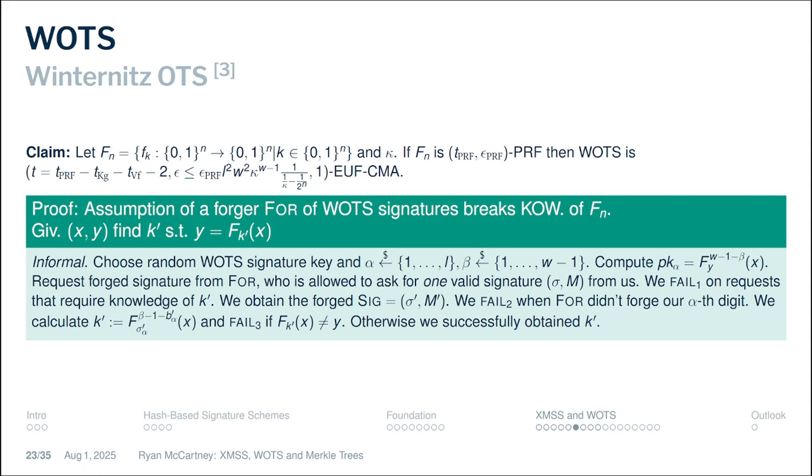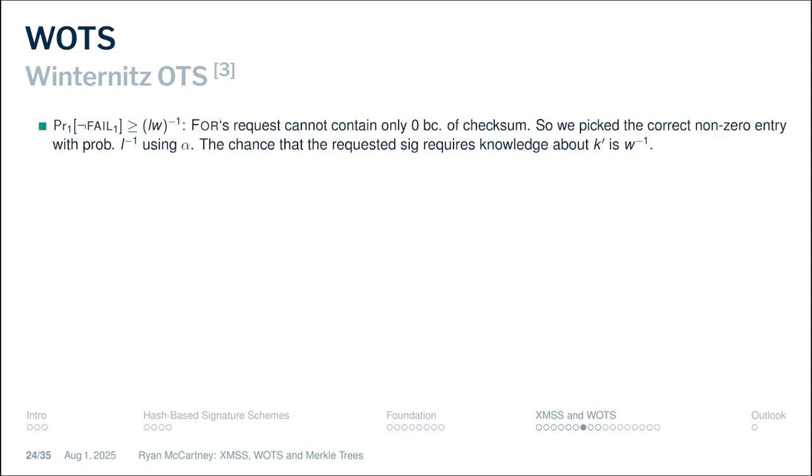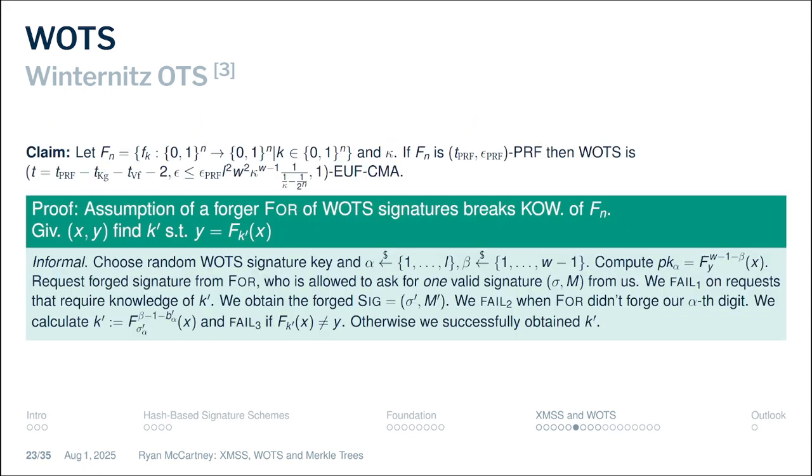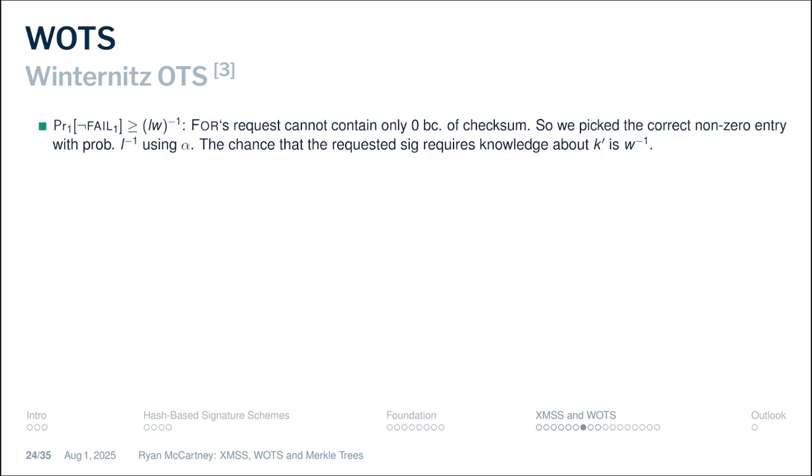So this is why we have a fraction, and I will now go over these probabilities. But if this equation at the end holds, we obtain our K prime, and from this K prime we have now broken the key one-wayness and continue from this broken key one-wayness to construct a distinguisher which breaks the pseudo-random function property. But first, now go into the detail of the probabilities.